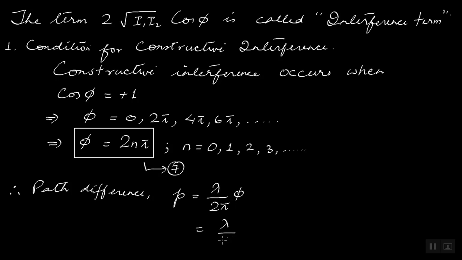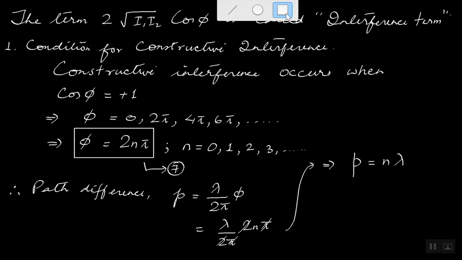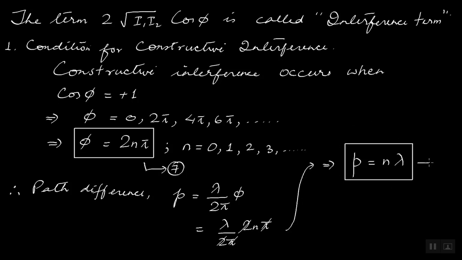So you have lambda by 2 pi of phi. Here phi is 2n pi, so I can just cancel the 2 and the pi. So I get the path difference P to be n lambda. Call this equation 8.